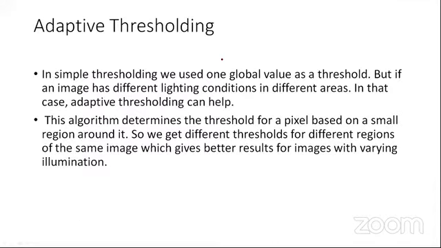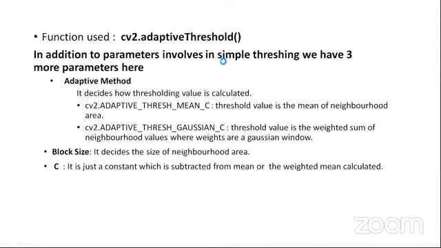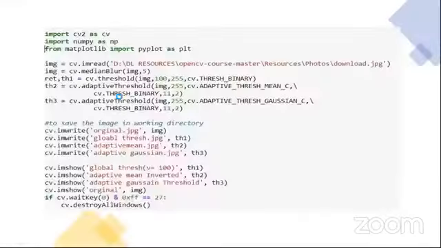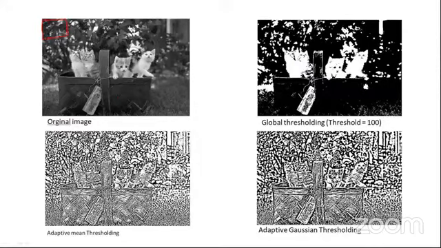Now moving on to adaptive thresholding. Simple thresholding uses a global threshold, but here we are dividing the image into different portions.